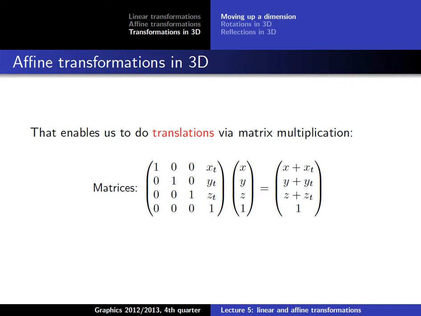And of course, with these homogeneous coordinates, we can easily do translation by having these values in the fourth column now, in 4D. And then, of course, you see this is again a simple translation.